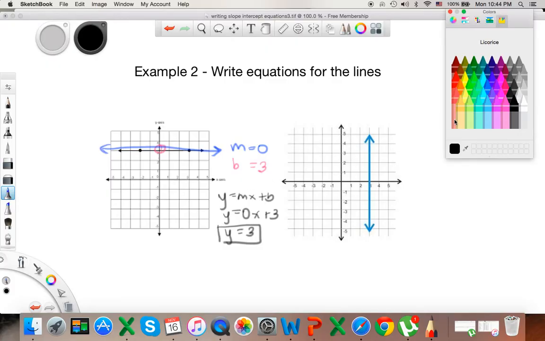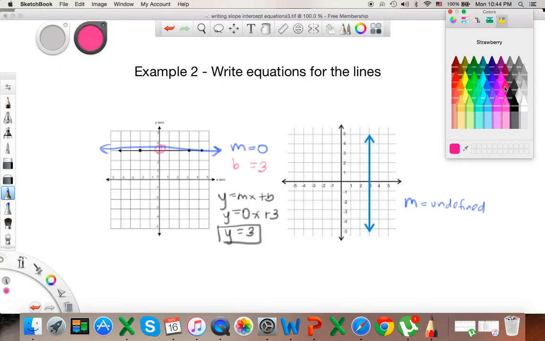If we look at the next one, it's a little more complicated. This slope is undefined. Okay, slope is undefined. And also we have no y-intercept. At no point does the graph cross the y-axis.